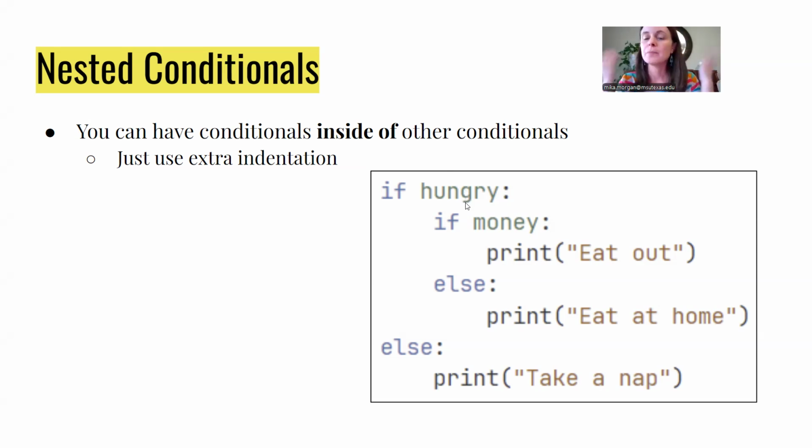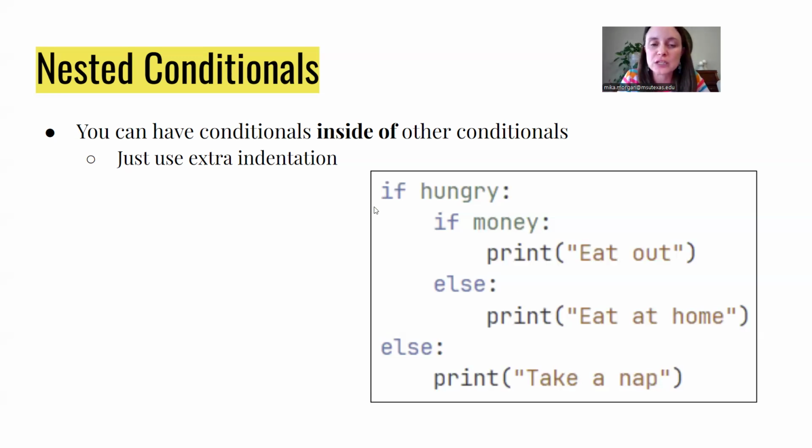Yes or no? Because that is a yes or no question, we can store it as a true false value. So this is a bool. And my next question is, do you have money? Yes or no? The answers to those two questions are what's going to decide what we need to do with our time.